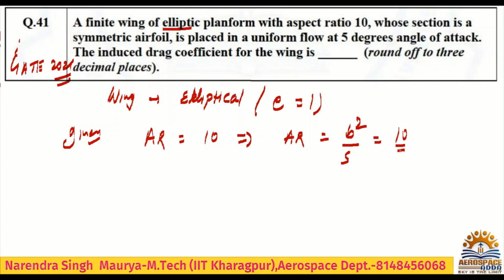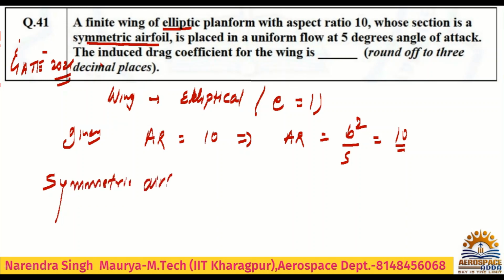And that elliptical plan form wing you have, but what is the section of it? The airfoil used in that finite wing is a symmetric airfoil. You need to relate this.